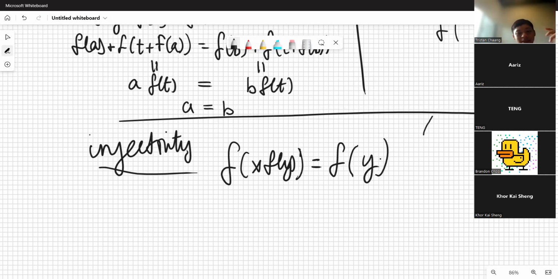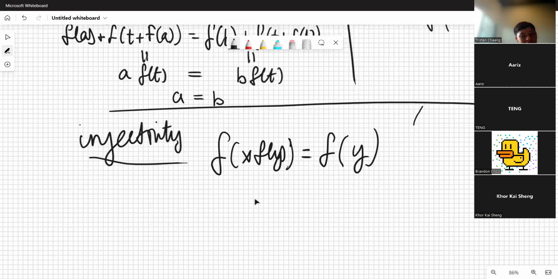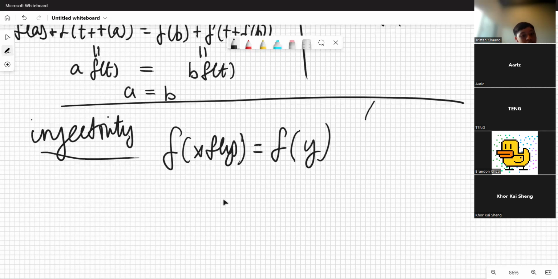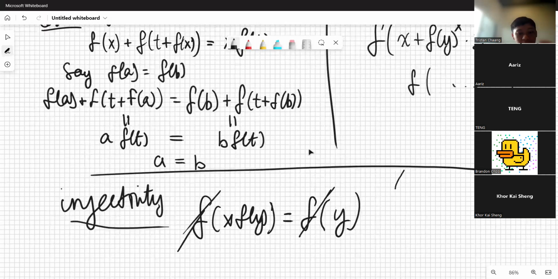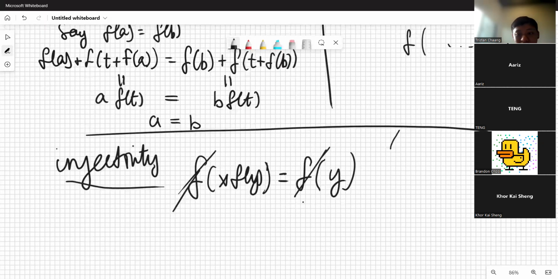If you previously proved that f is injective, you can be very happy. Why? Because whenever you have injective functions, you can cross out the f's. That's exactly what injectivity means. If f(a) equals f(b), then a equals b. So you can cross out f's if f is injective.